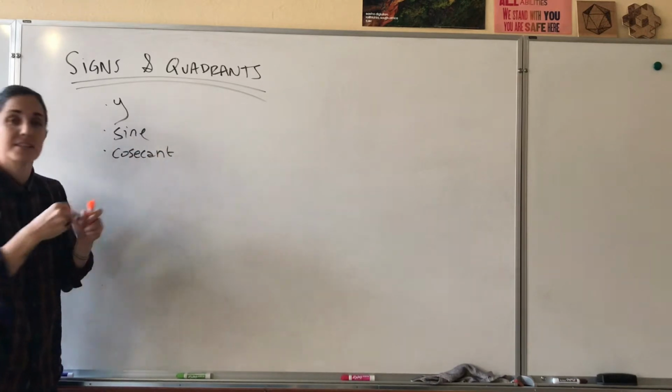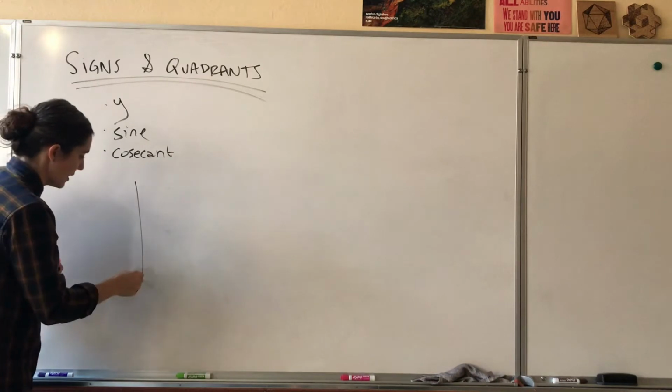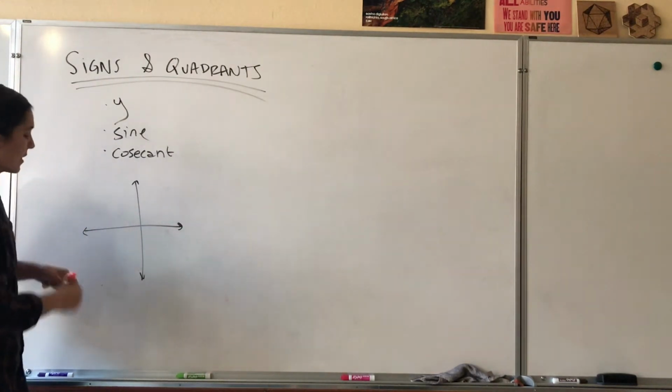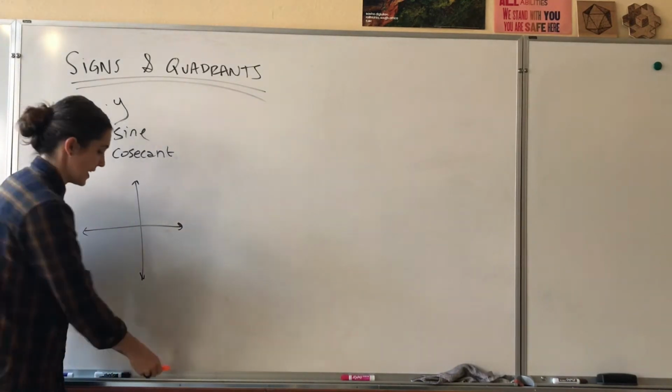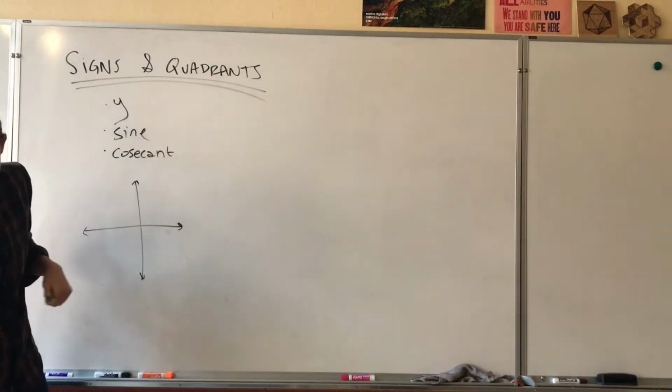These are not the same, right? We know that cosecant is the reciprocal of sine, but the main point here is that on the coordinate grid, y, sine, and cosecant all have the same sign, sign with a G.